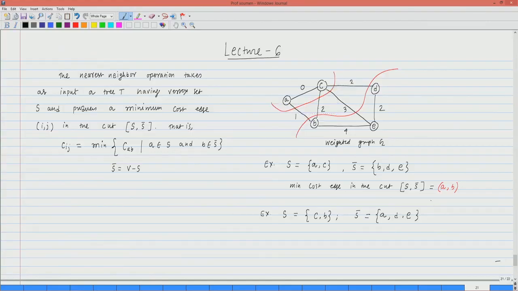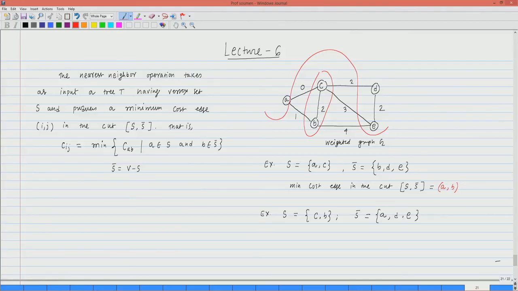So, now CB is one part and A, D and E, this is another part, this is S complement.